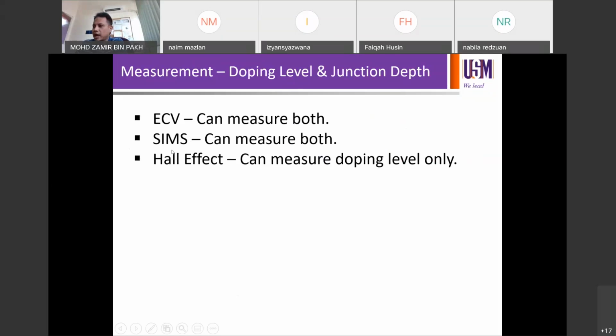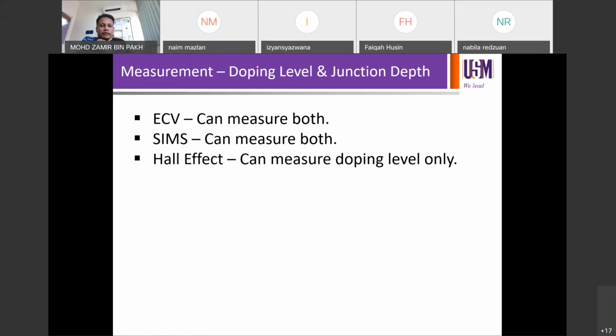SIMS is secondary ion mass spectrometer. It can also measure both. So normally if you want to characterize the profile of your junction, of your dopant, you can use either ECV or SIMS, right? If you don't have SIMS, you can go for ECV. If you have ECV, you don't have to use SIMS. So either one is fine, because they can measure both.